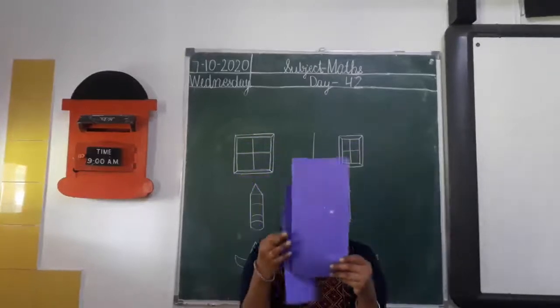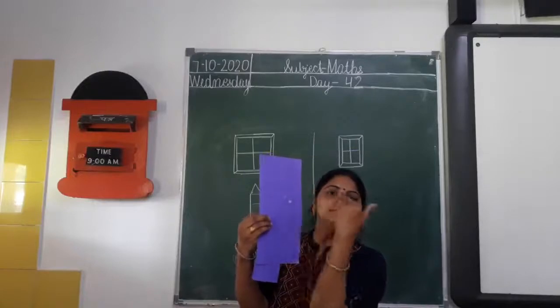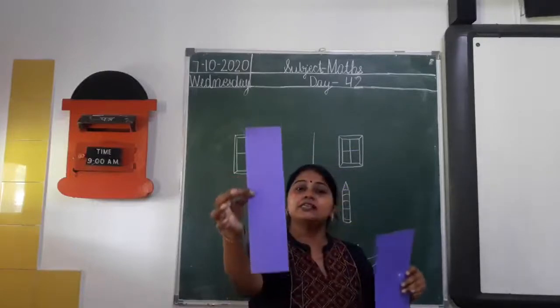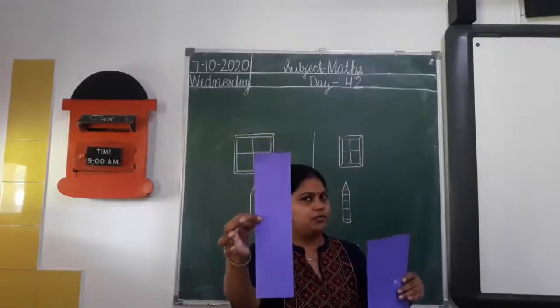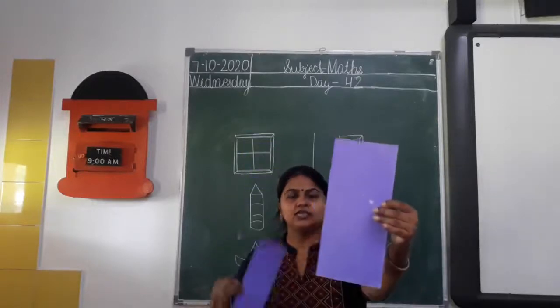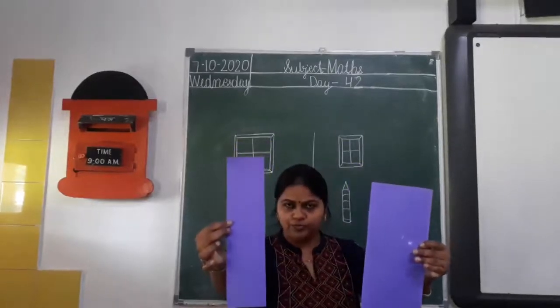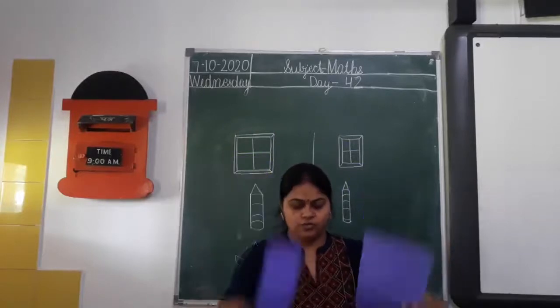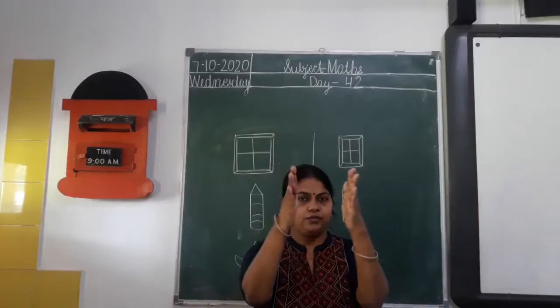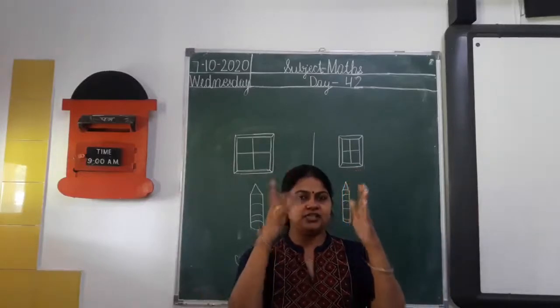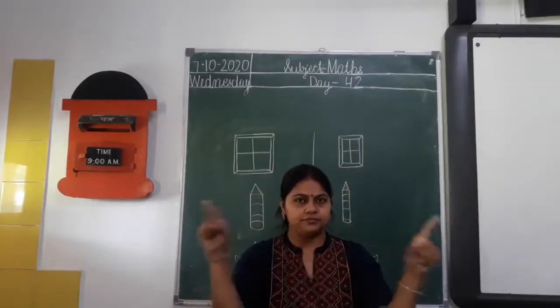Wide मतलब चौड़ा, ठीक है? And this is narrow, जो चौड़ा नहीं होता है, जिसकी width कम होती है. Wide, narrow. We do the comparison in width.